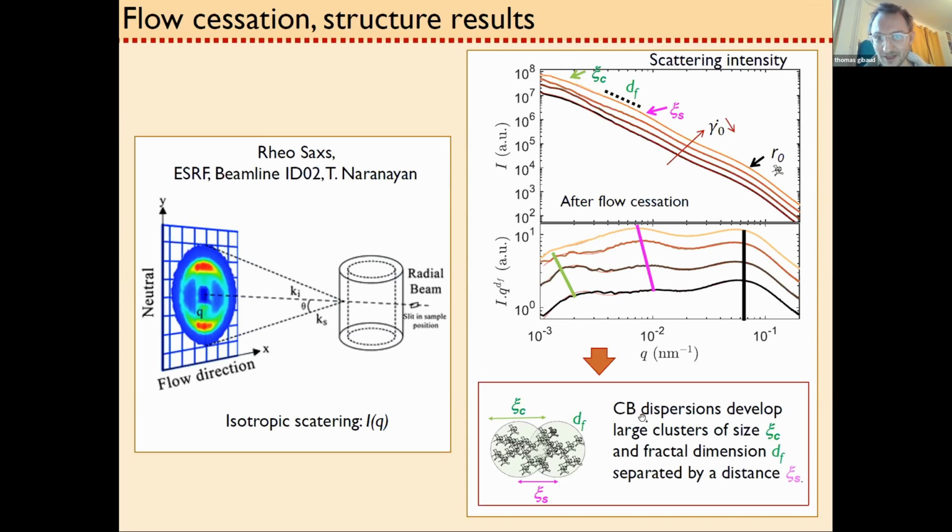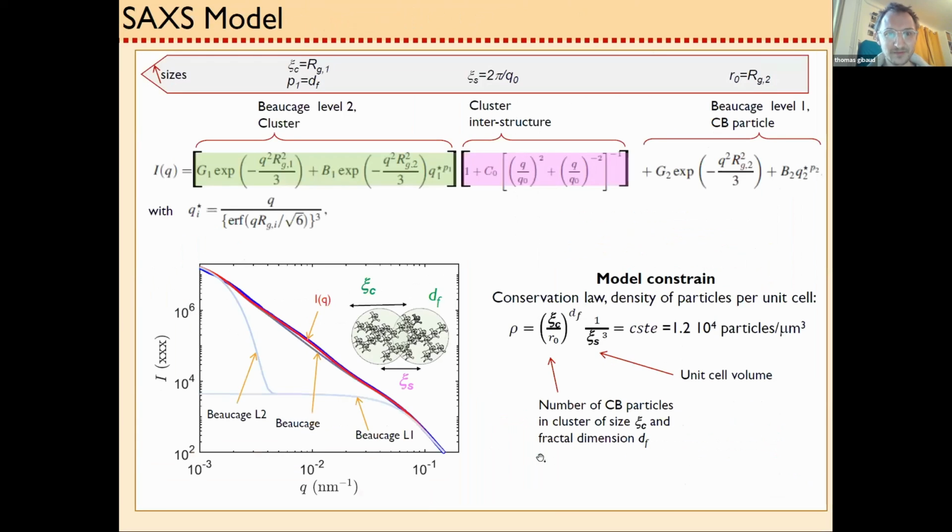So at the end, we get this picture. The carbon black dispersion develops large clusters of size CC and fractal dimension DF, separated by a distance which we call CS for structure. And those clusters interpenetrate. So that's the picture that we get.